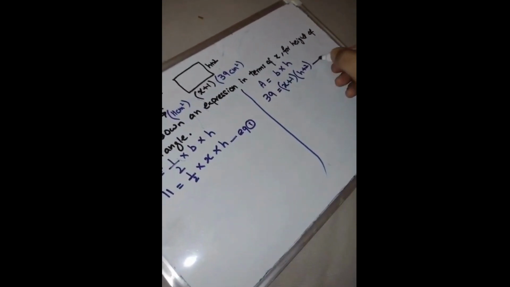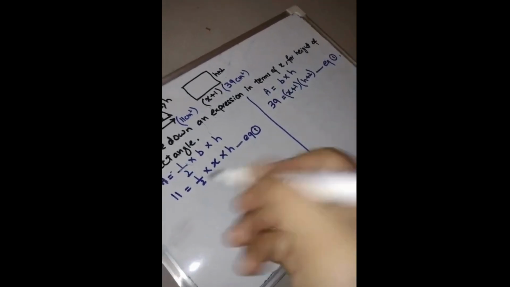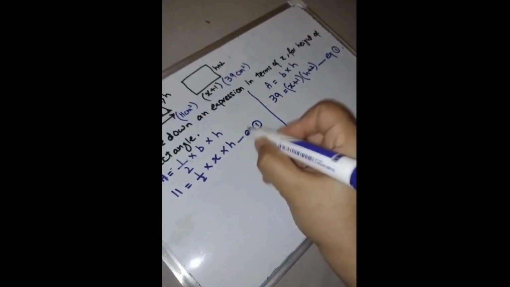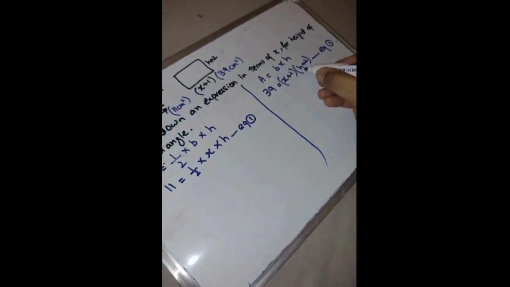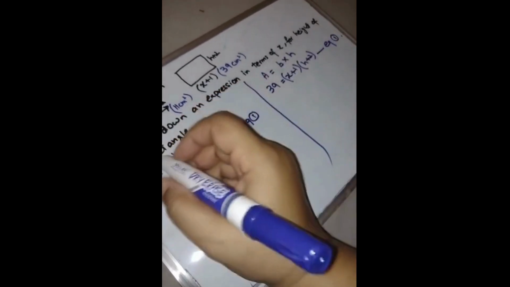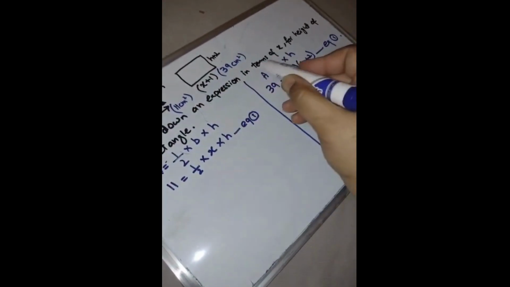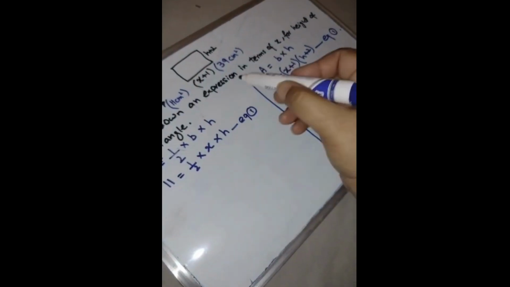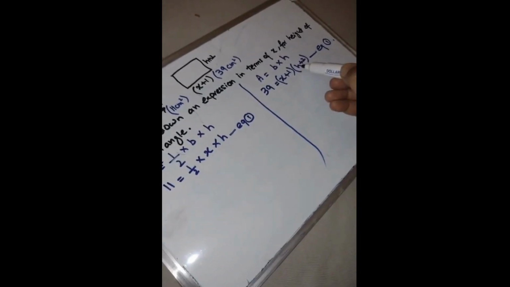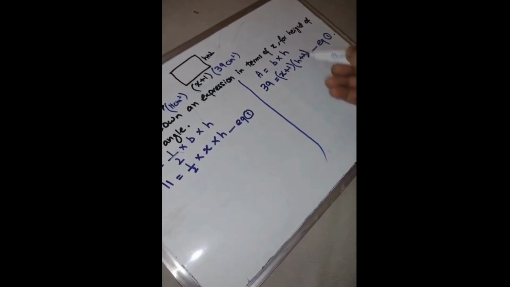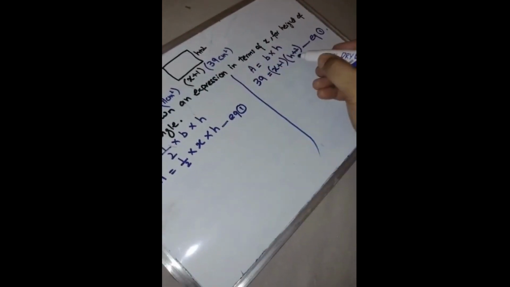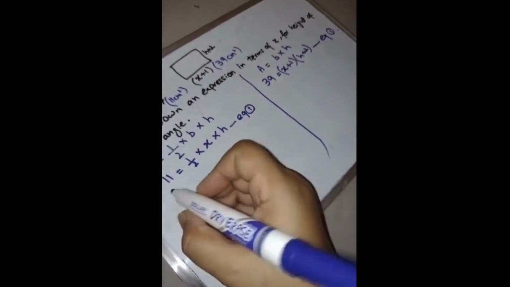Now we have two equations. We are taking the value of h from this equation and putting it into this equation. Because we need to write the rectangle's expression in terms of x, we have to substitute x into h.